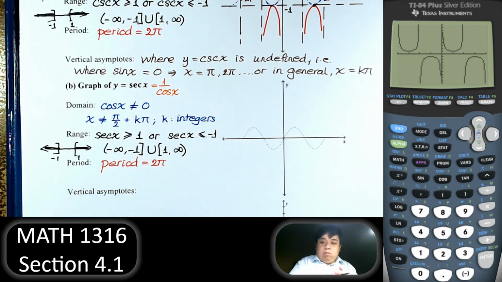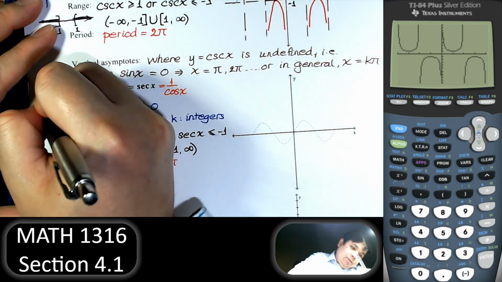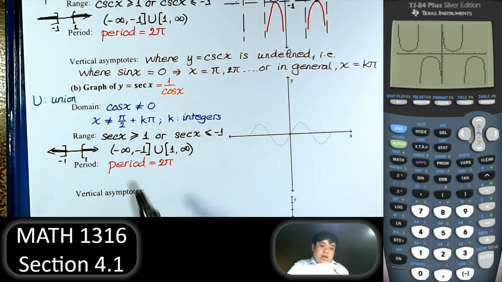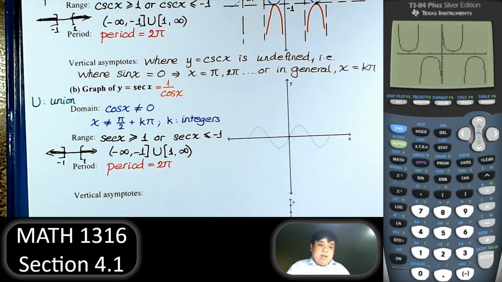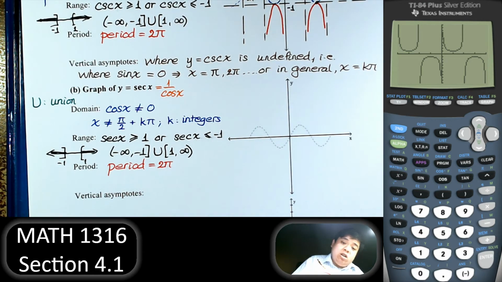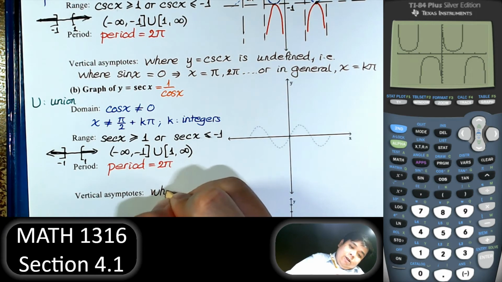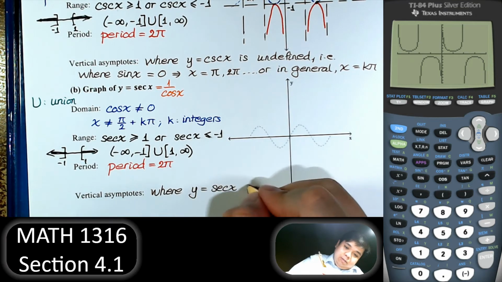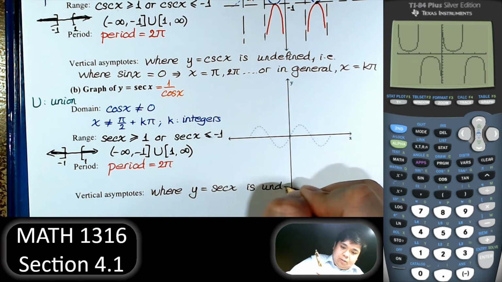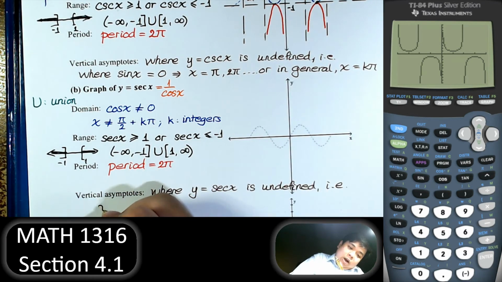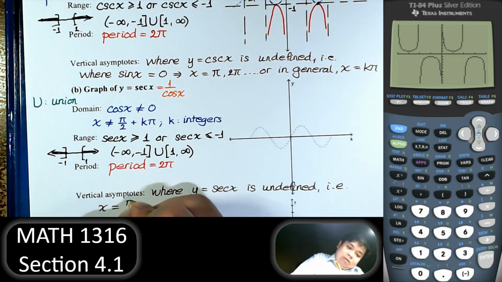Union means either on this one or on that one. The vertical asymptote is where the function is undefined, so it cannot be in the domain. Meaning where x equals pi over 2 plus k pi.